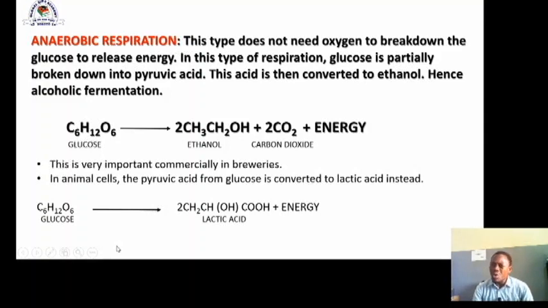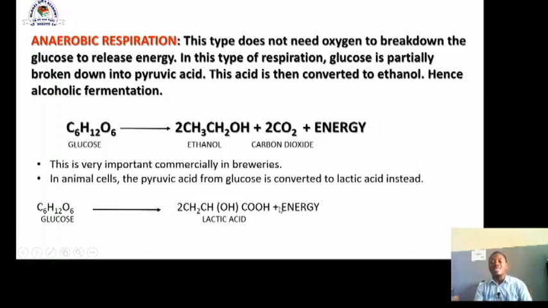Anaerobic respiration also happens in animal cells, but not leading to the production of ethanol. Now look at that. In animal cells, the pyruvic acid from glucose is converted to lactic acid, not ethanol, as in the case of the fermentation of alcohol. So instead of this alcoholic production, the pyruvic acid is being converted to lactic acid.